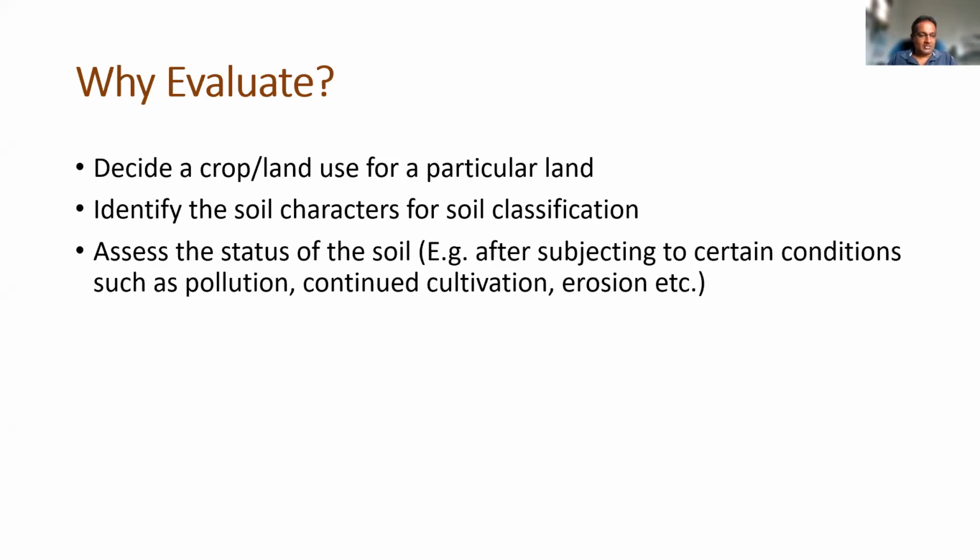But if you do the cultivation in a scientific manner, then you have to evaluate and check whether that land is suitable for this particular crop or land use or not. Then only you will go for the planting activities, because otherwise this activity will not be sustainable, right?